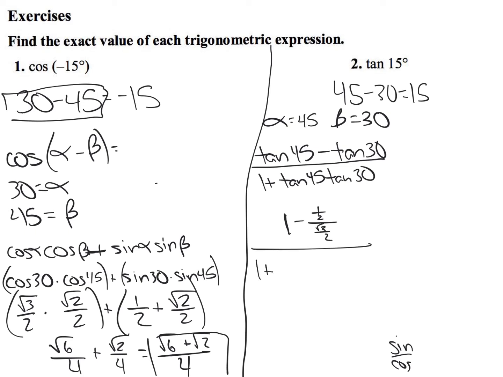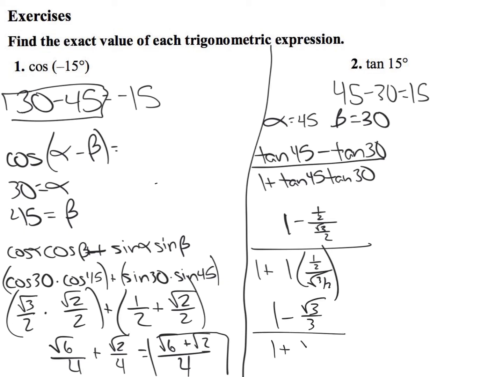And then 1 plus 1 times 1/2 over root 3 over 2. So we've got a little bit of math to do in order to get rid of that double fraction. That gives us in our numerator 1 minus root 3 over 3, over 1 plus root 3 over 3.